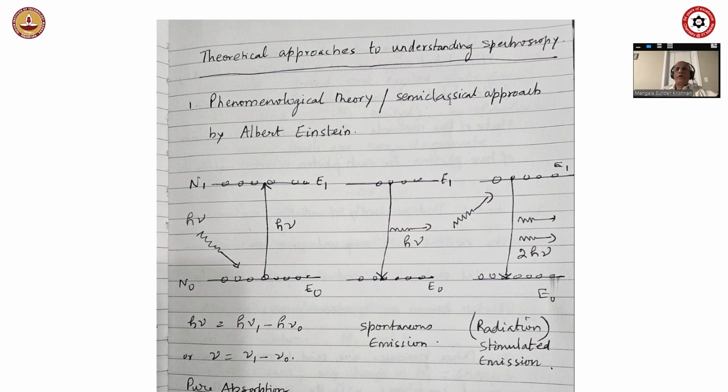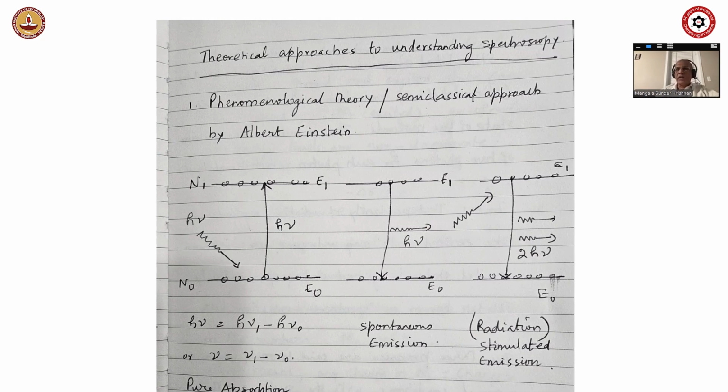And what we do is that we don't treat the radiation which interacts with the molecule, the electromagnetic radiation, as photons. We don't quantize the radiation. We use the radiation as a classical wave, electric and magnetic fields oscillating in a wave-like motion and propagating.